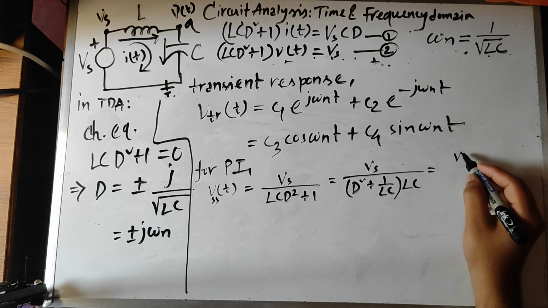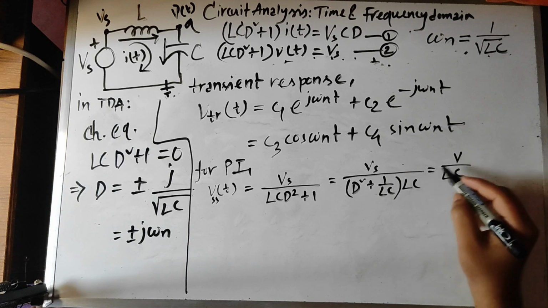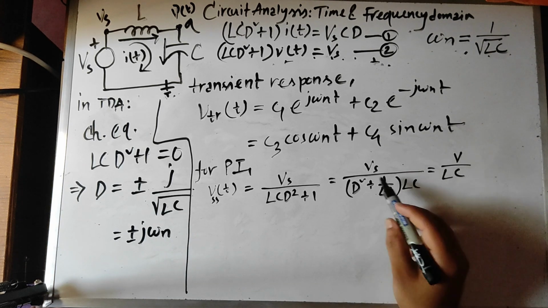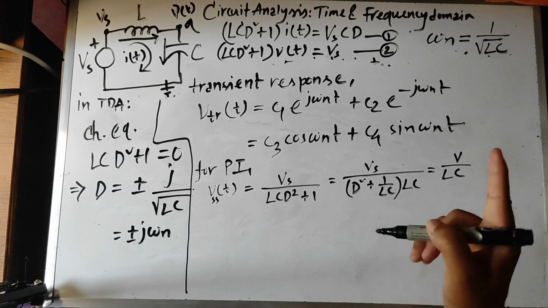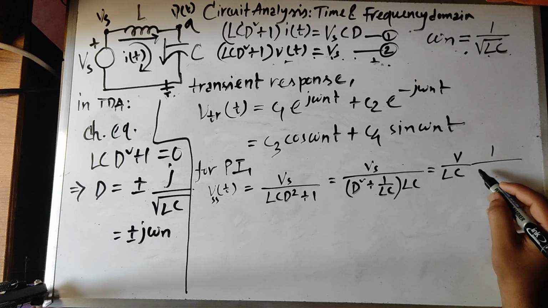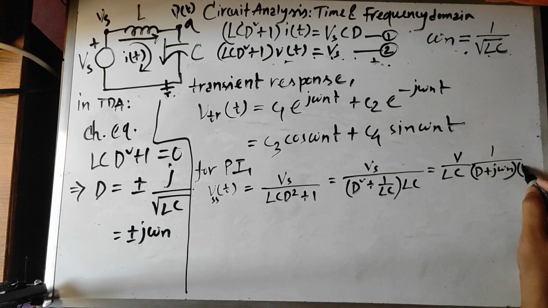So this is Vs by LC, and if we factorize this, with 1 by LC as omega n square, we get 1 by D plus j omega n, D minus j omega n.